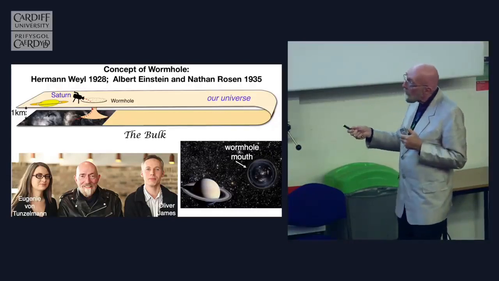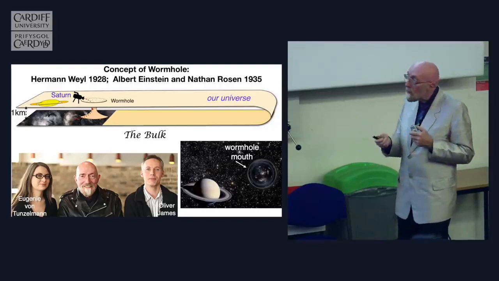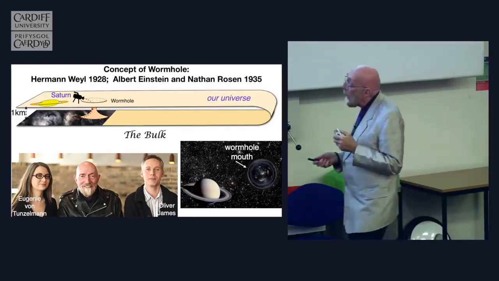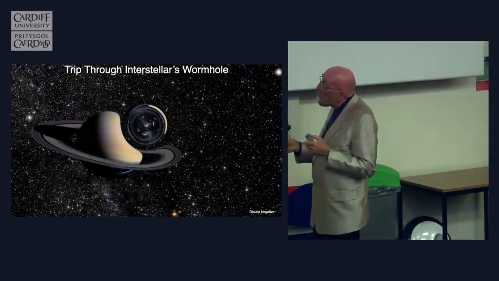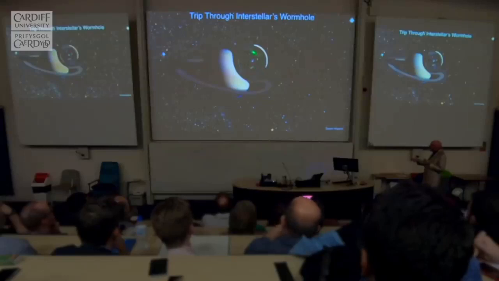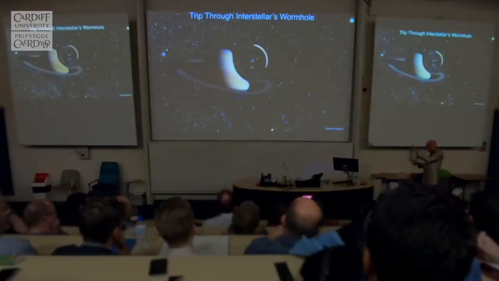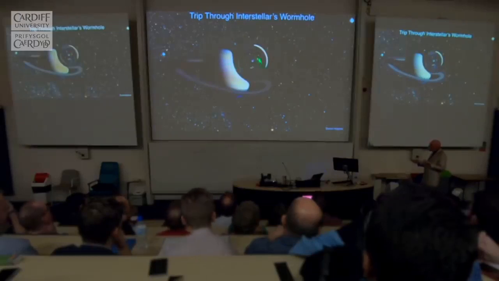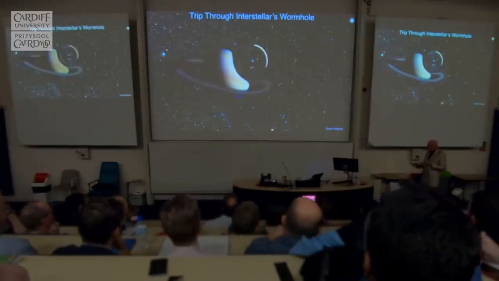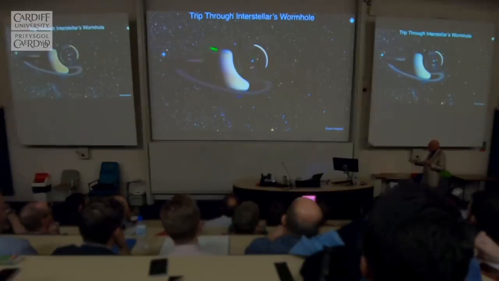So this is what the wormhole looks like in the movie Interstellar, for those of you who have seen the movie Interstellar. For the movie, I'm going to move the wormhole up almost in front of Saturn. So Saturn is very far away. The wormhole is only a few kilometers across, and Saturn is very, very far away. And so it looks about the same size as the wormhole.